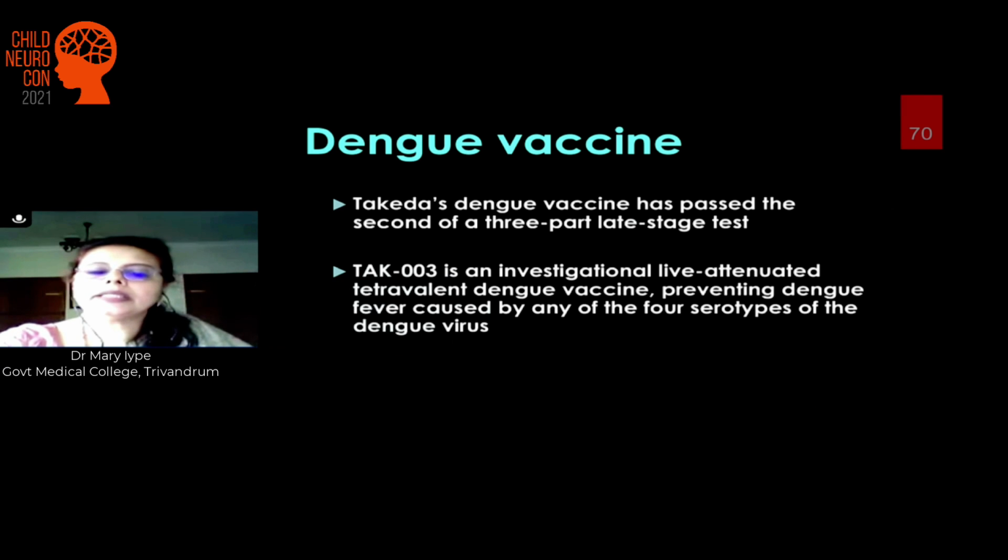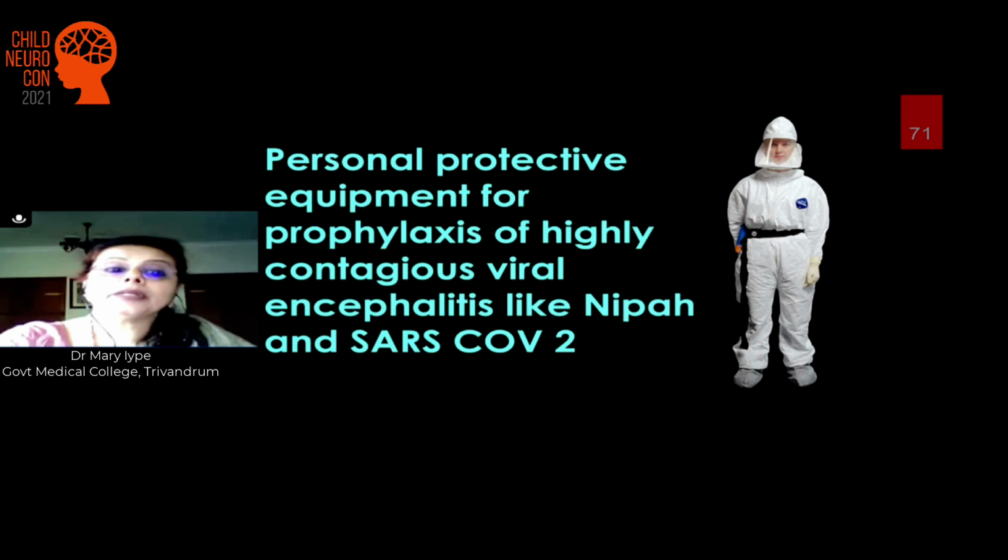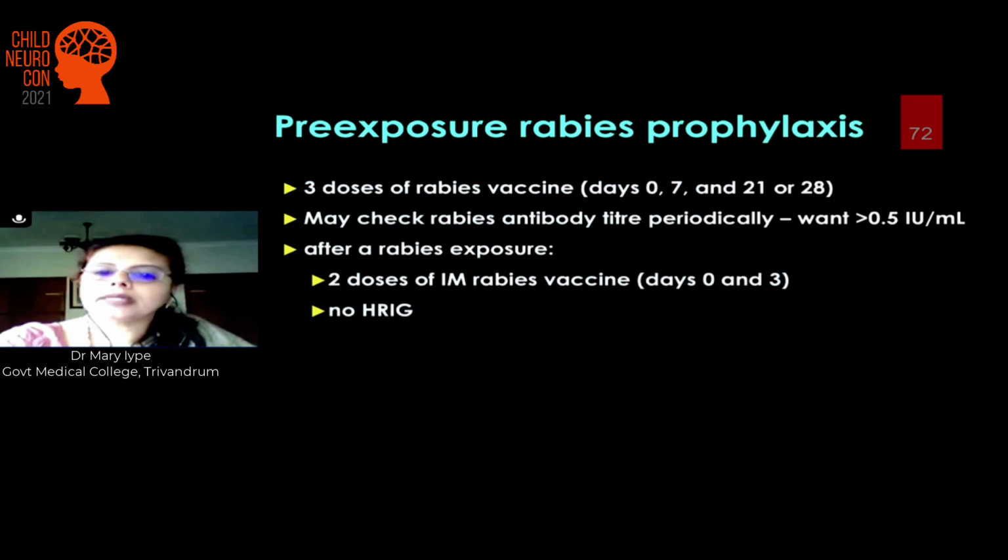It's an investigational live attenuated tetravalent dengue vaccine. Personal protective equipment cannot be reiterated enough. As everybody knows, the prophylaxis of highly contagious viral encephalitis like Nipah and SARS-CoV-2 involves use of personal protective equipment.